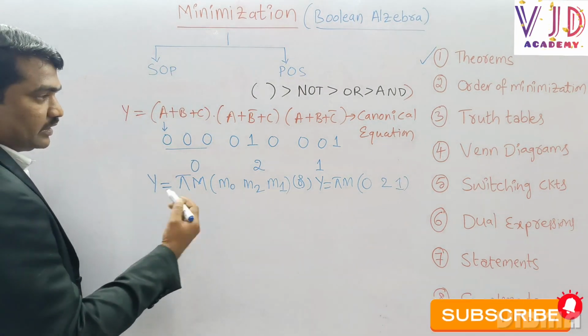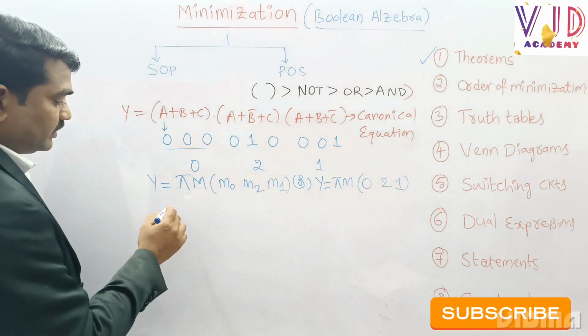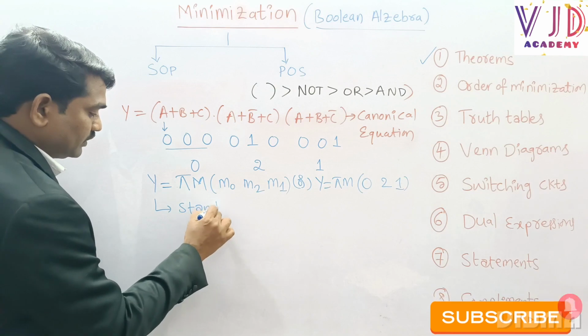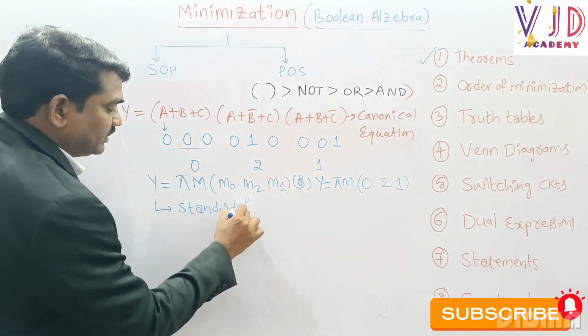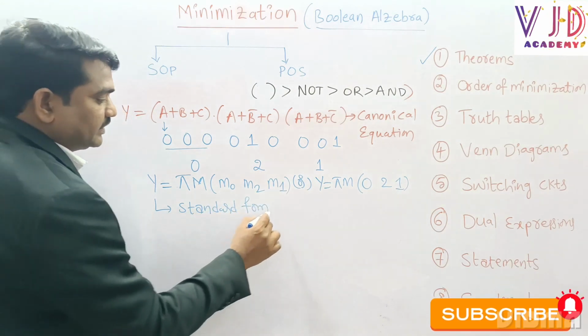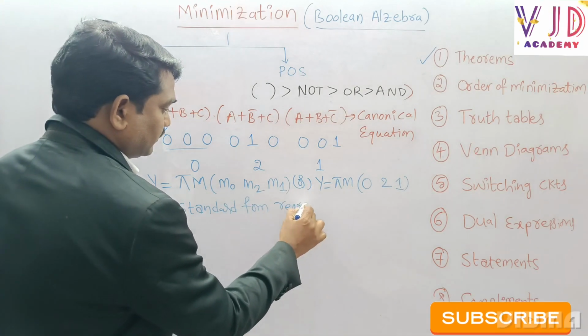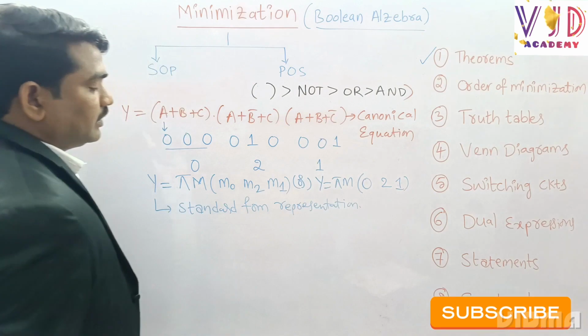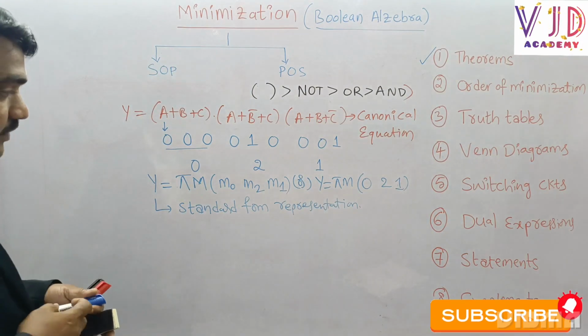This is called the standard form representation. And now let us try to understand what is the minimal form.